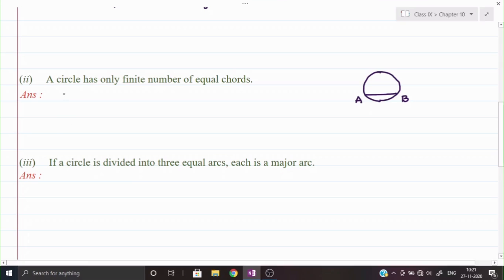So how shall we write down the answer over here? We'll write down false. First of all, the statement is false.